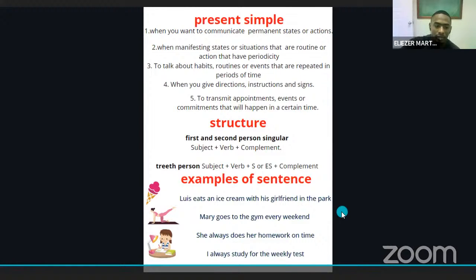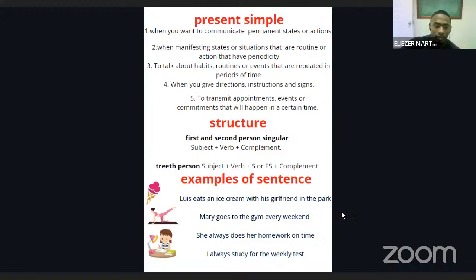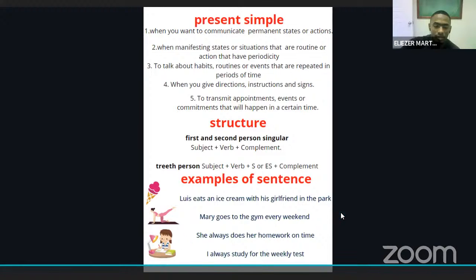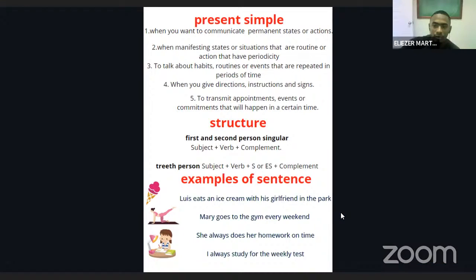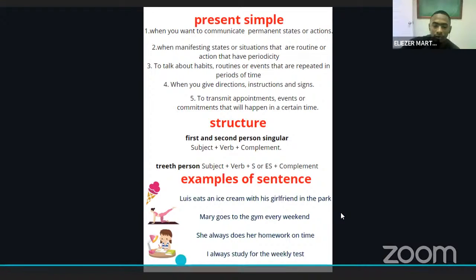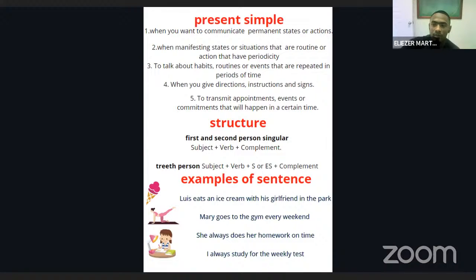This is all. Okay, some examples for present simple. Luis eats an ice cream with his girlfriend in the park. And Mary goes to the gym every weekend. She always does her homework on time.